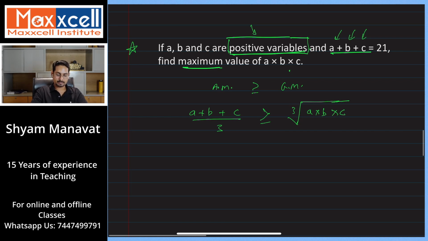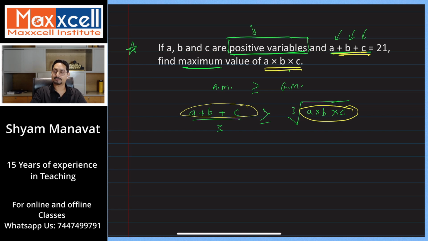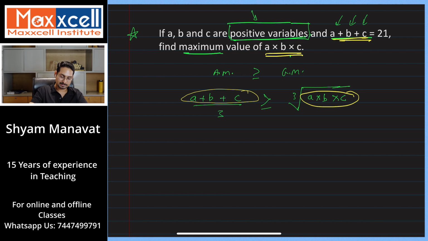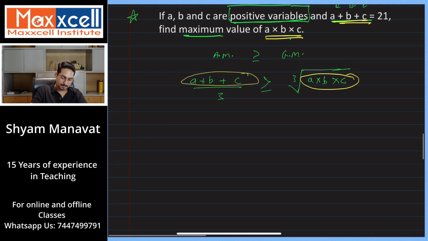Now, if you look at the question, this is given to you, right? A plus B plus C. And this you need to find out, A into B into C. So कर लो, substitute. कैसे करोगे? A plus B plus C, which is given to you, you will say this is what? 21 by 3, and more than equal to, this is cube root of A into B into C. Don't touch this because this is what you need to find out.